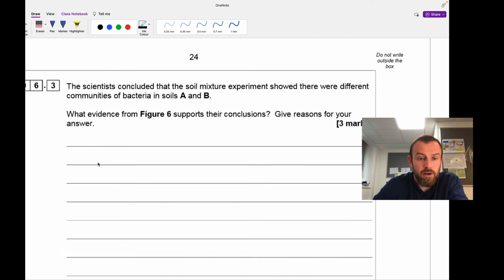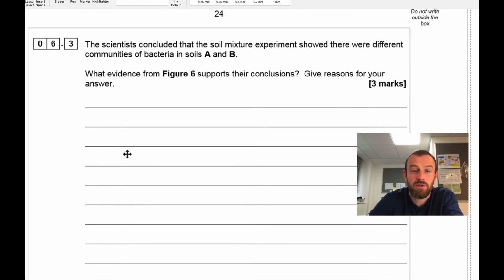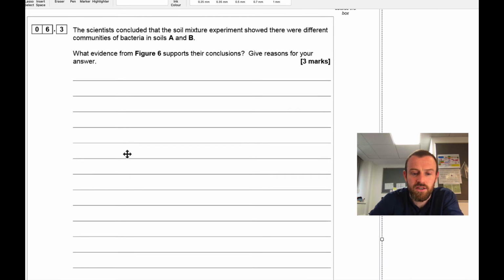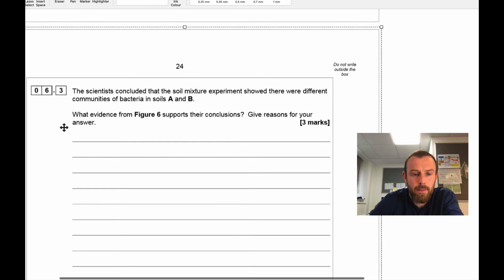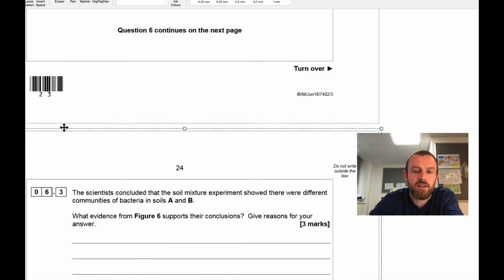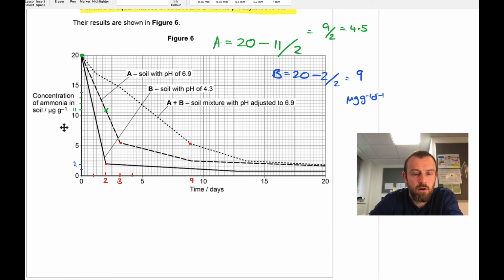Okay, 6.3. The scientists concluded that the soil mixture experiment showed there were different communities of bacteria in soils A and B. Oh, yeah, I think this is true. How can I express it? So I think it is that the community in soil A and the community in soil B are each adapted to work at the pH of that soil.